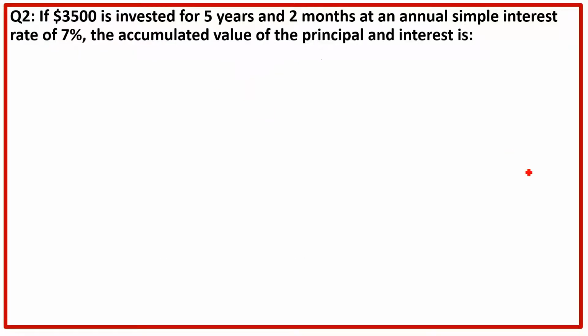The question we have: if $3,500 is invested for 5 years and 2 months at an annual simple interest rate of 7%, the accumulated value of the principal and the interest is? Right here I will write down the formula first. The formula we will use: Sn, meaning future value, is equal to present value P into (1 + In/(100 × M)).